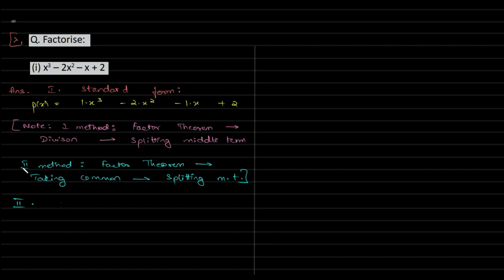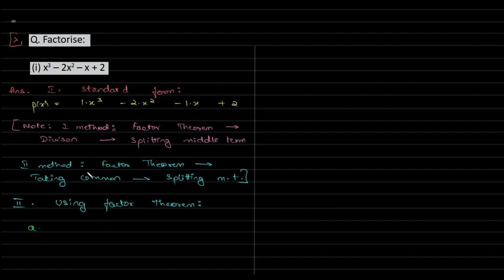I'm going to use the second method. So as per that method, we have to use factor theorem. Before we use the factor theorem, I would like to make you understand this.